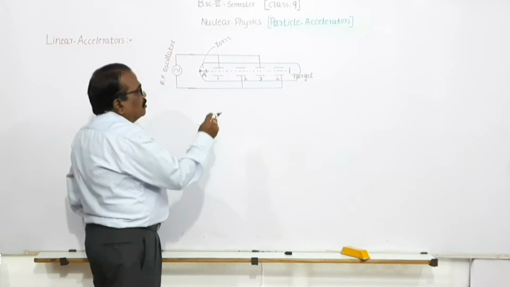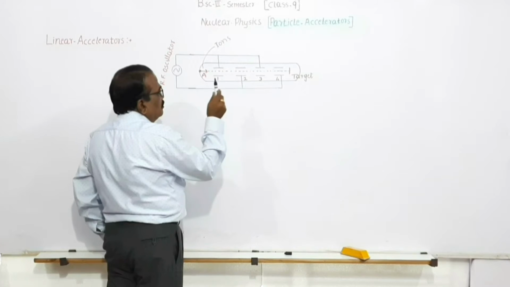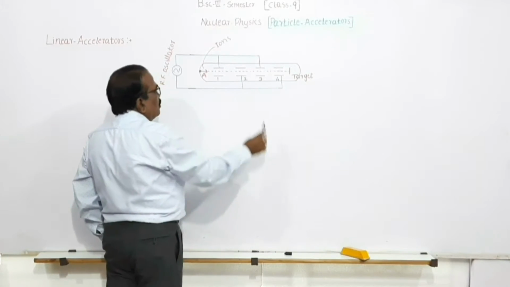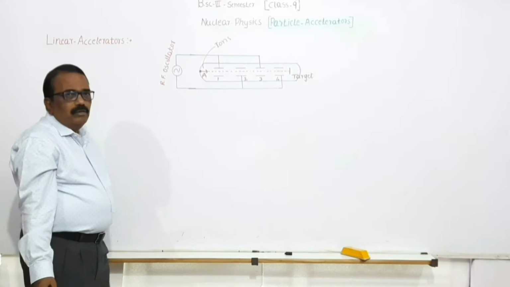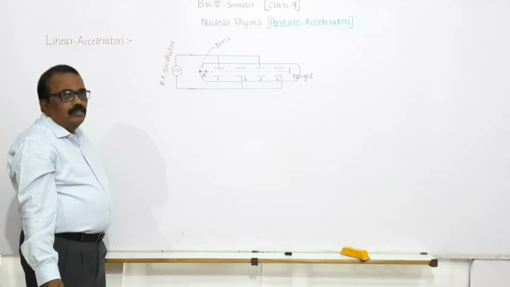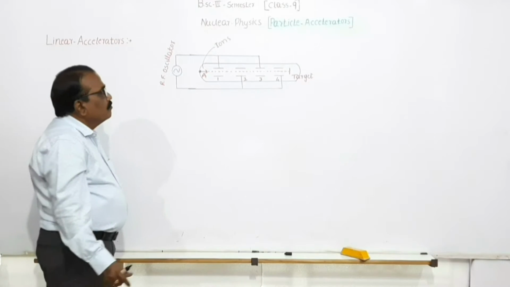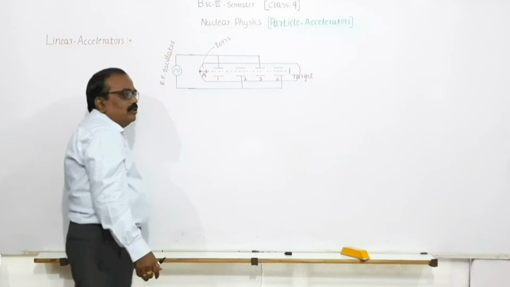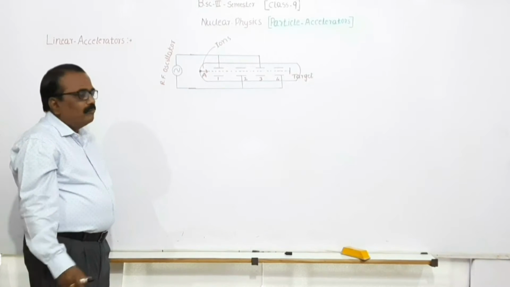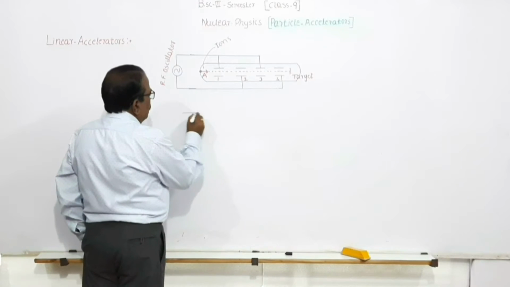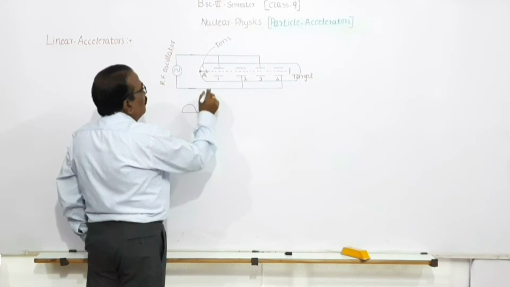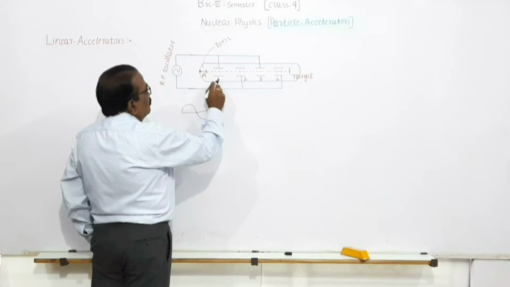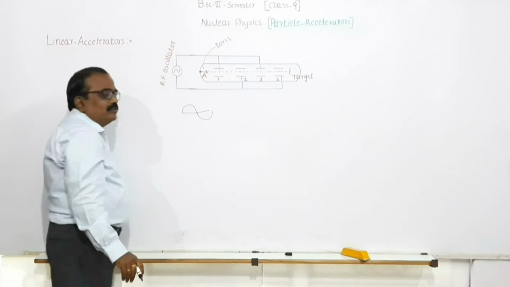So the polarity of these electrodes, if 1 and 3 are connected to the positive potential in the first half, at that instant 2 and 4 are connected to the negative potential. So that is the first half cycle. And when it reverses, the polarity of these electrodes also reverses.